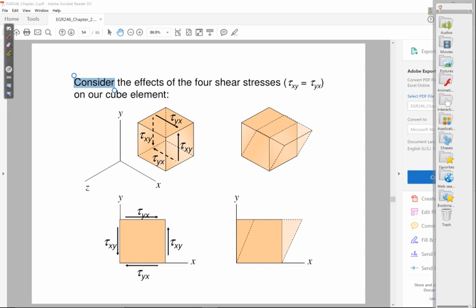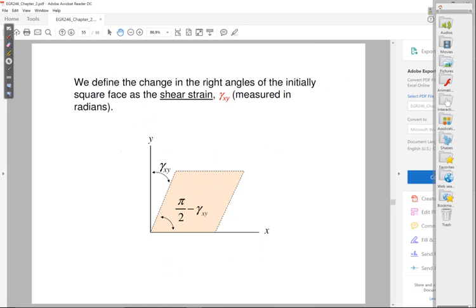And if you measure that change in angle in terms of radians, then that can be defined as your shear strain. So here is your new Greek symbol. Shear strain is simply the change in the right angle when you apply a shear stress. When you apply a shear stress to a square, you end up with a shear strain, which is just a change in the angle.